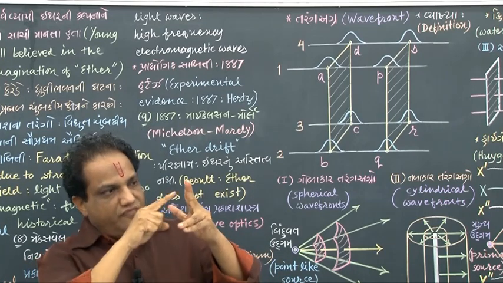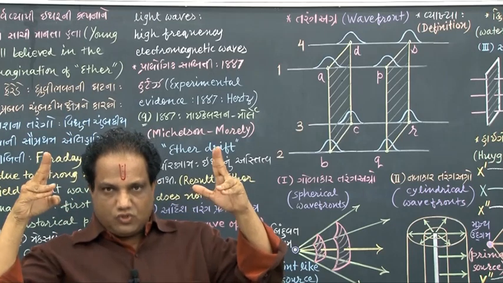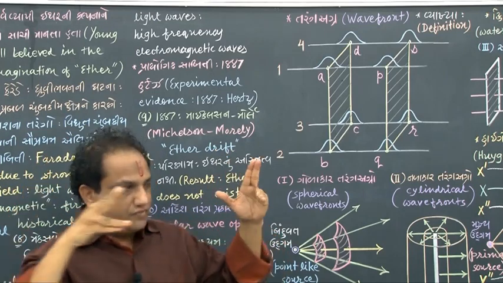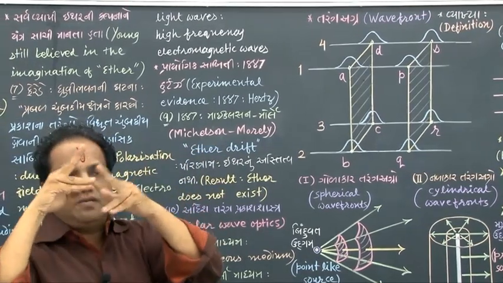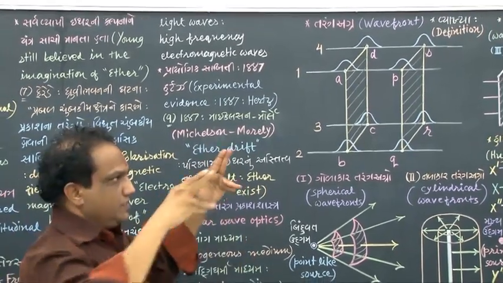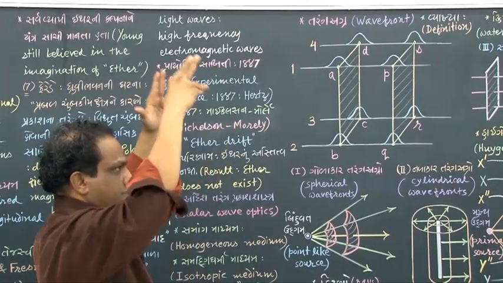One string you may fix over here, one here, and one here. So hold 4 strings this way, correct? One end you have fixed here, and here. Just hold them like this, and then you give oscillations this way.